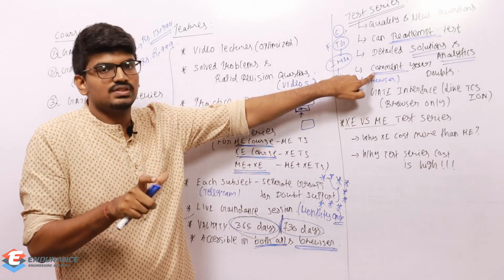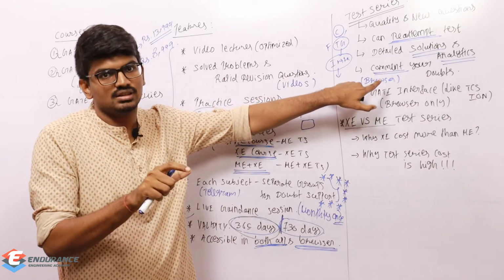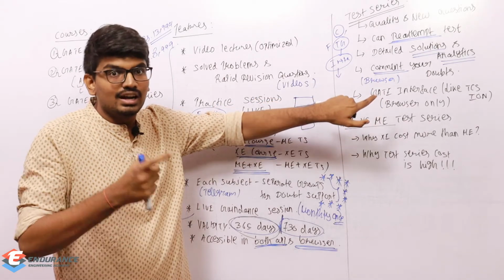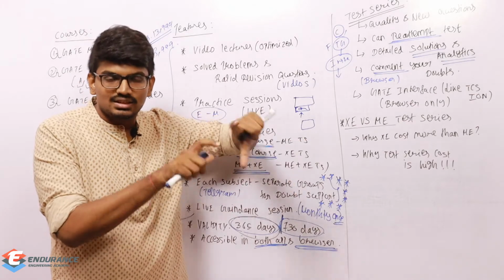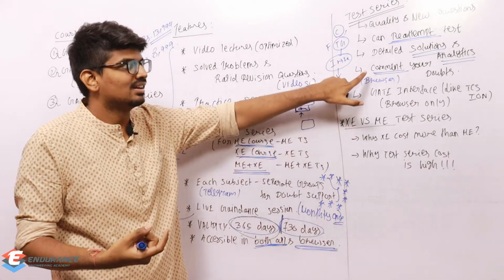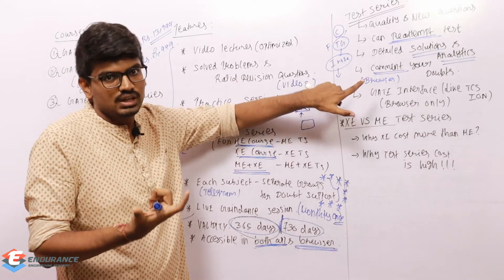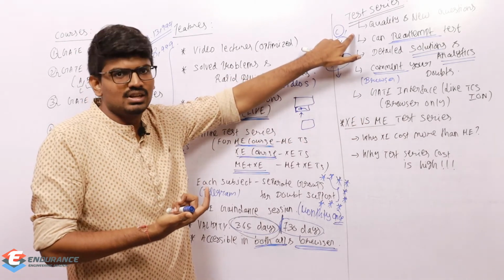Below each question there will be a comment feature. Suppose there was any doubt in the question, if you feel there was any mistake, or if you are solving it and getting a different answer, post that answer. Take a photo and post it. I hope you are understanding it. This is a doubt support which we are going to give you even for the test series. I think that is not available in any other place.